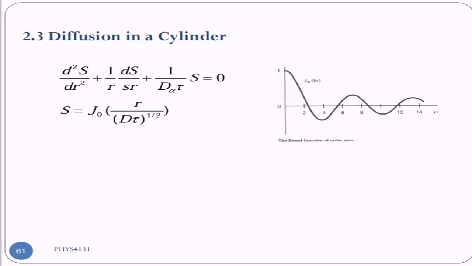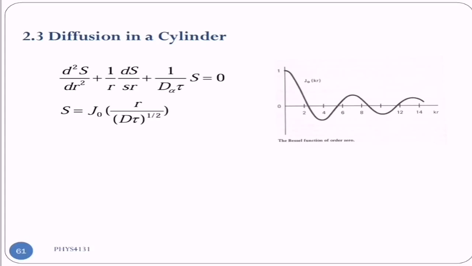For this we take the spatial part of the diffusion equation which we used previously. In cylindrical geometry it is written as d square S over d r square plus 1 over r dS over dr plus 1 over D alpha tau S is equal to 0.